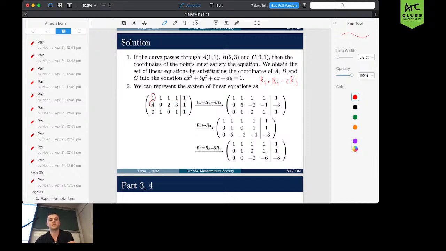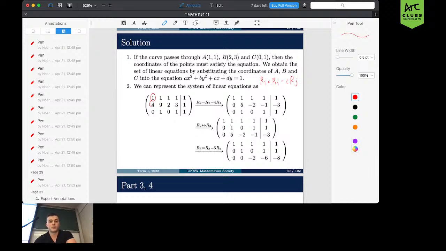So new row 2 is equal to old row 2, which was 4, minus 4 times row 1, that's 0. And that's where that 0 comes from. And what I encourage you to do is just apply this element-wise. So do row 2 minus 4 row 1 here, you'll get that 1.